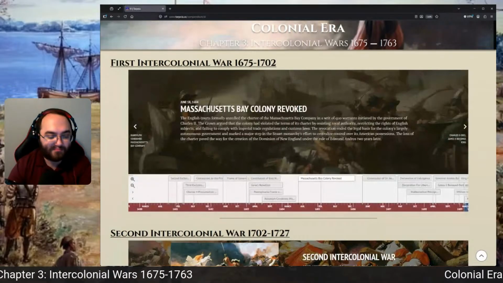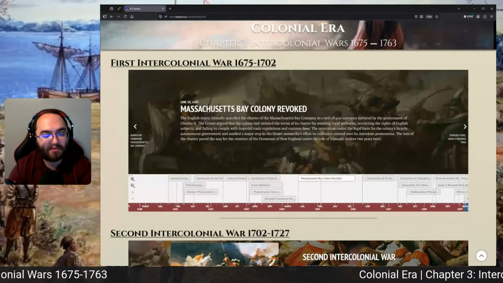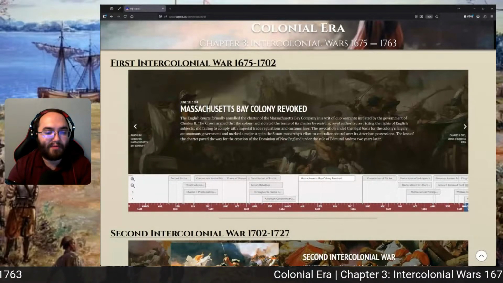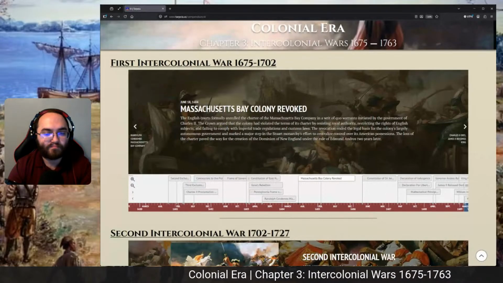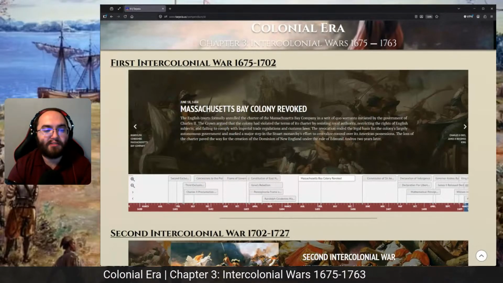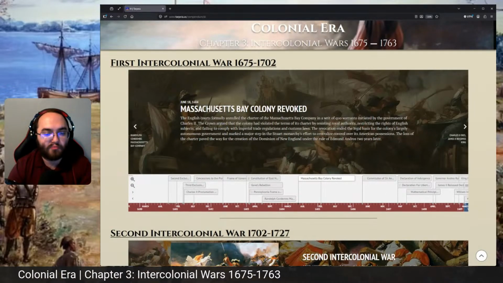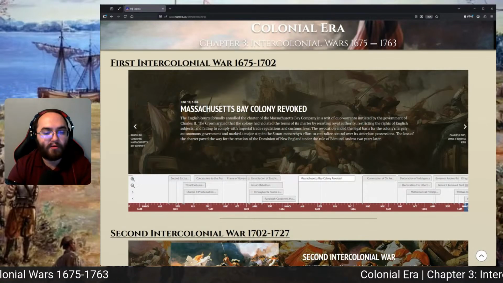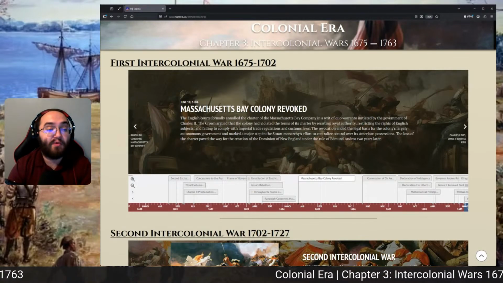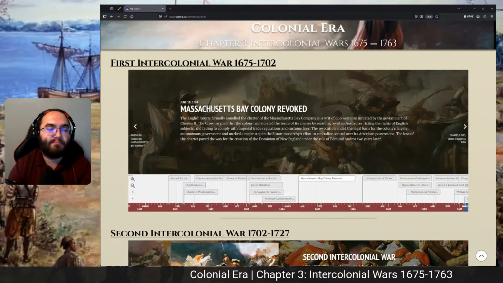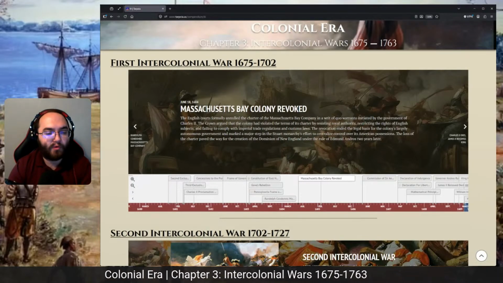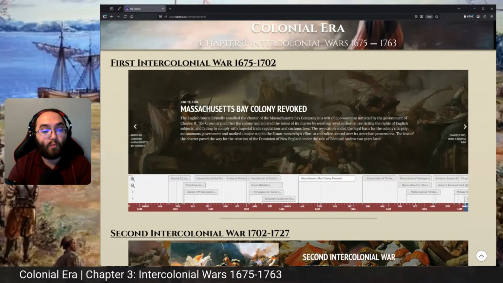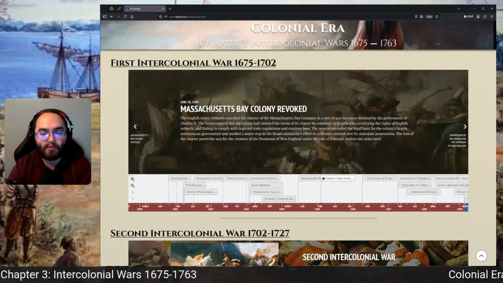In fact, the very next document is the Massachusetts Bay Colony being revoked. And that is to reestablish the colony under stricter, more royal authority under what would become known as the Dominion of New England, which combines Massachusetts and a few other New England colonies into one colony. And I think I have a map on here.